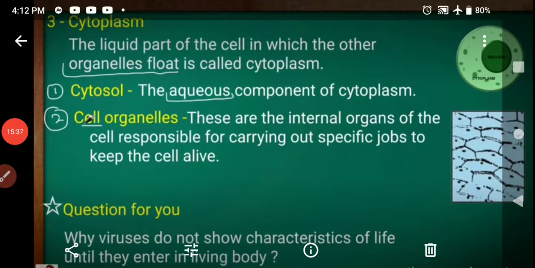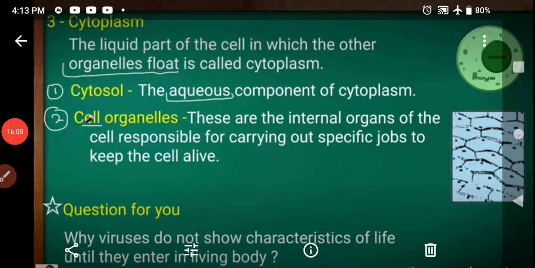Now see about the cytoplasm, we know that the liquid part of the cell, jelly-like structure present inside the cell, is called cytoplasm. Cytosol is the aqueous component of cytoplasm, and cell organelles are the internal organs of the cell responsible for carrying out specific jobs to keep the cell alive.